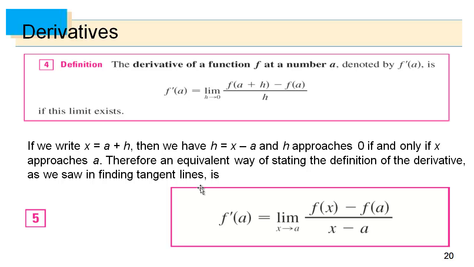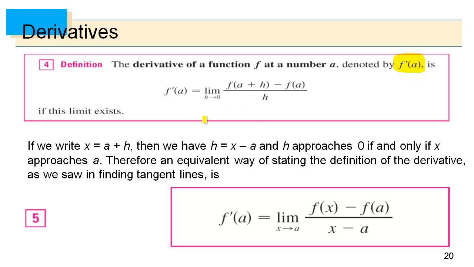Okay, here's the formal definition of the derivative of a function at a particular number. And we tend to like to use this notation the most for the derivative. F, we call that f prime. F prime at a, that's the derivative of the function at a point a, is equal to this.